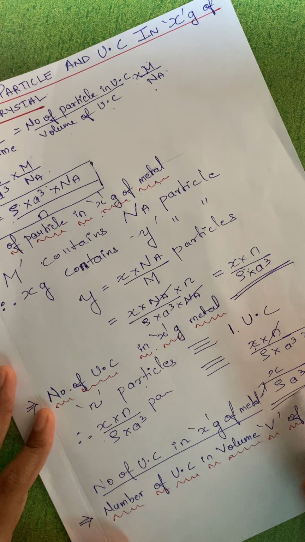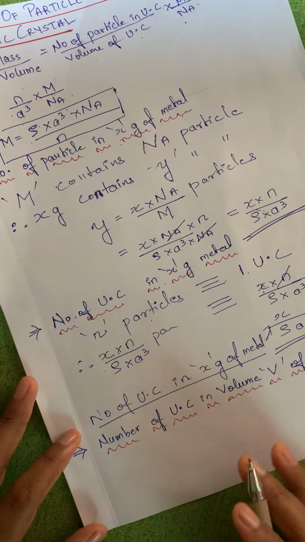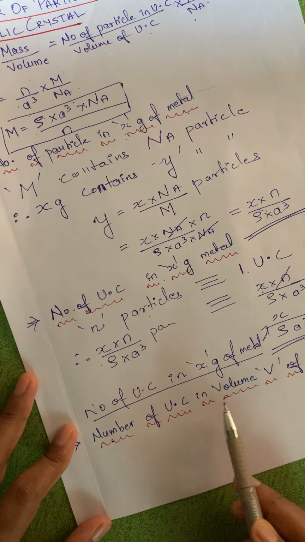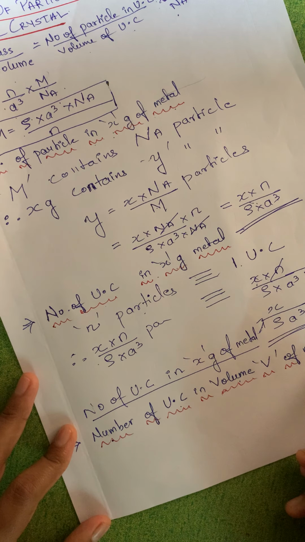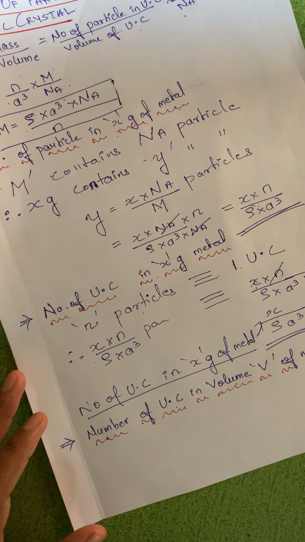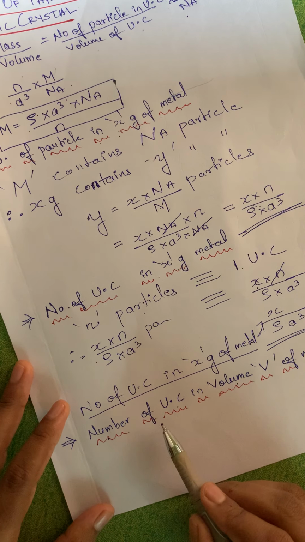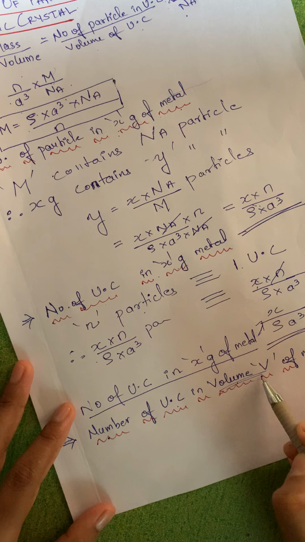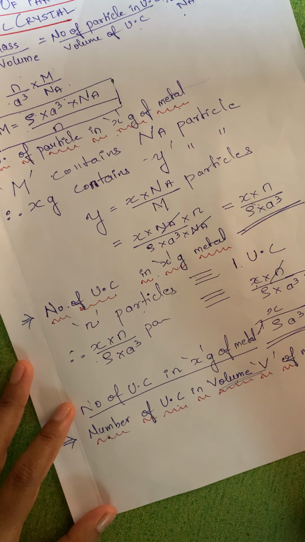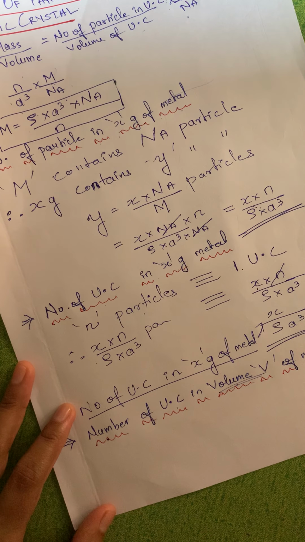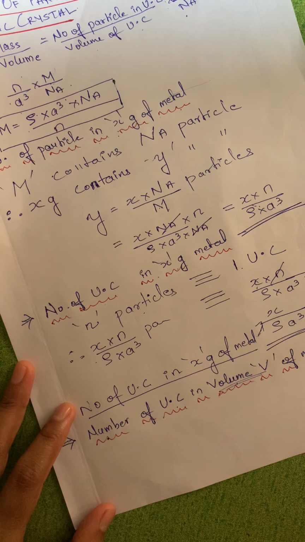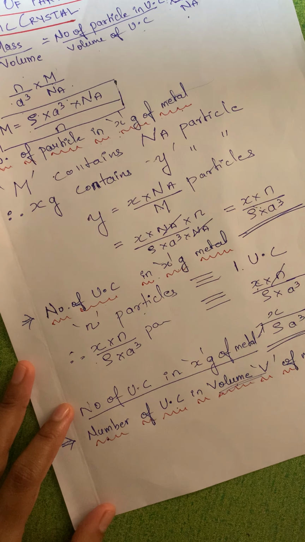Okay, till here hopefully this is done. The last one: number of unit cells in volume V of metal. Now, what is volume? Density is equal to mass upon volume.